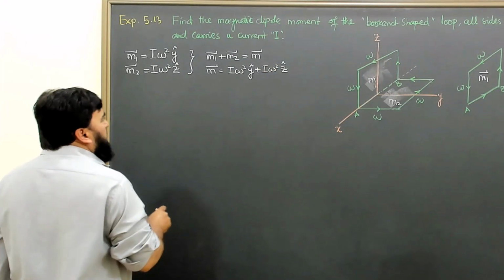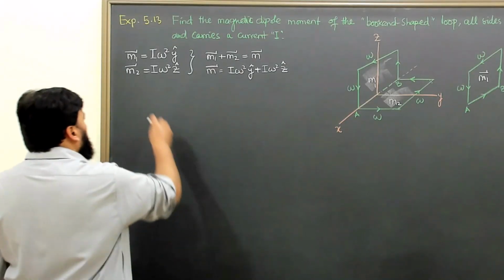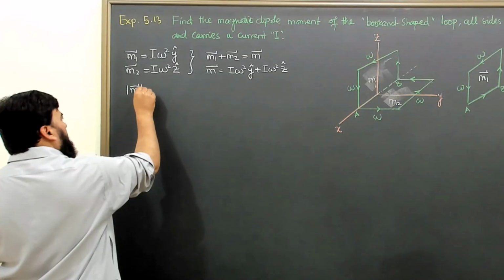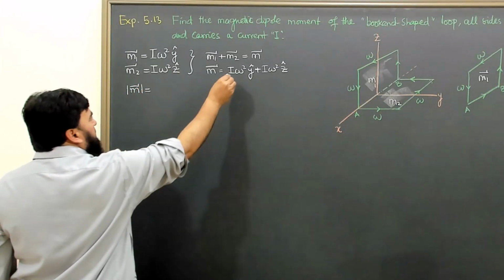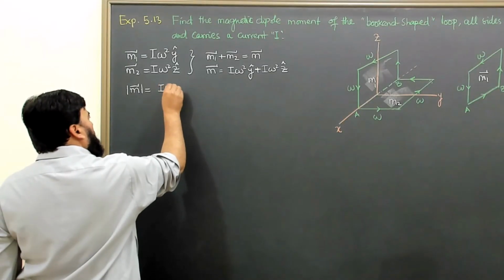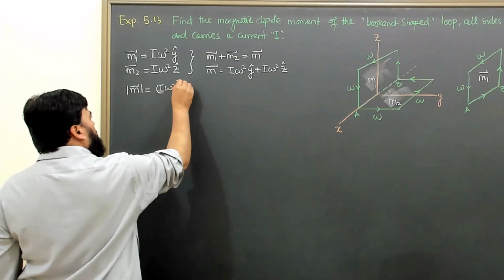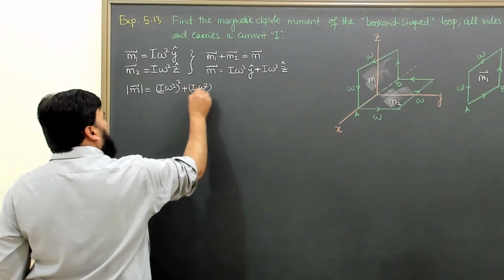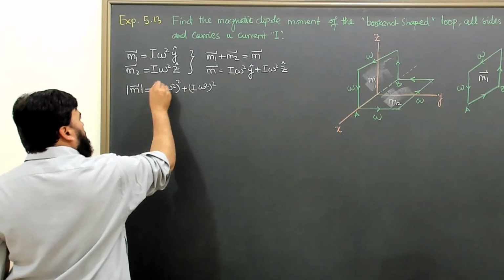What about the magnitude of M? Just like simple vectors, the magnitude of M is the square root of I omega square whole squared plus I omega square whole squared.